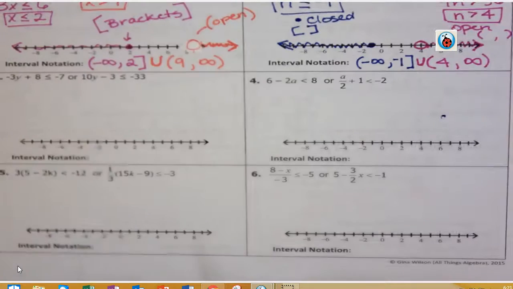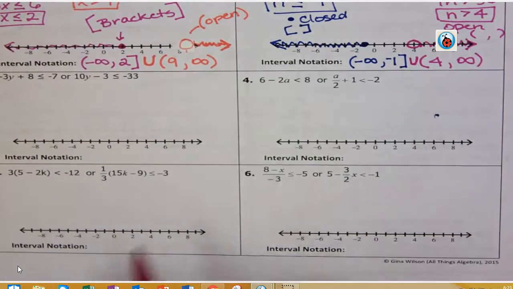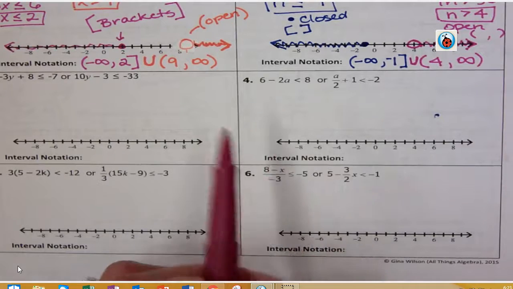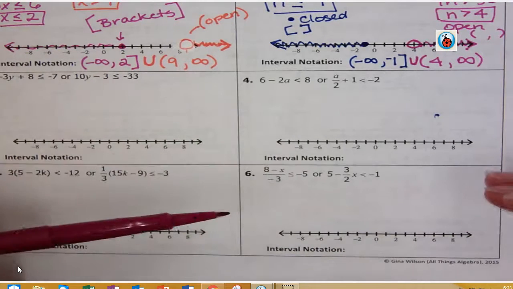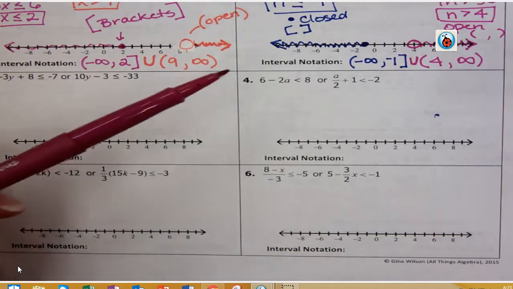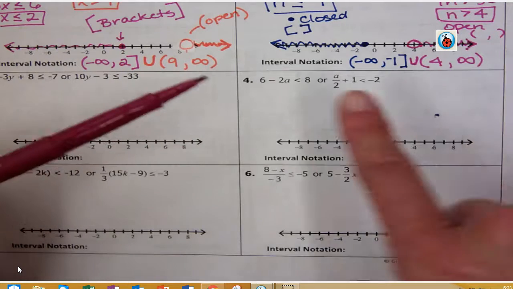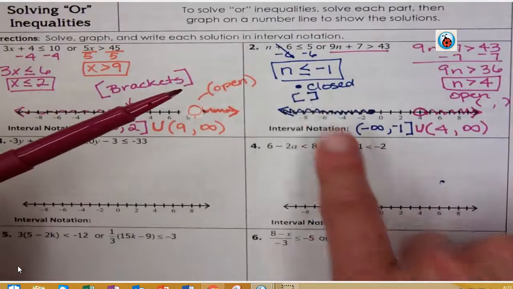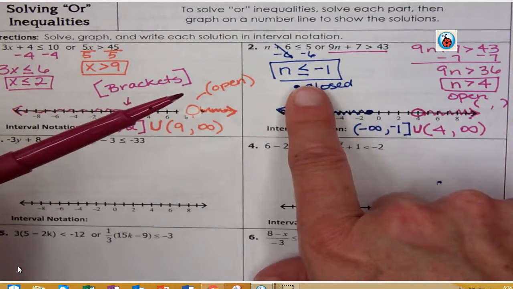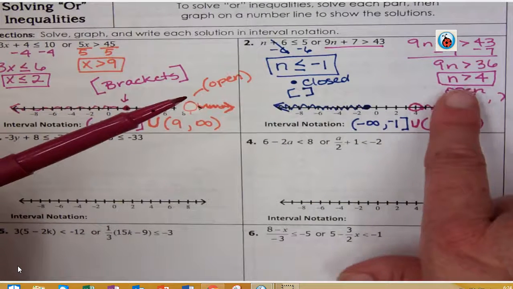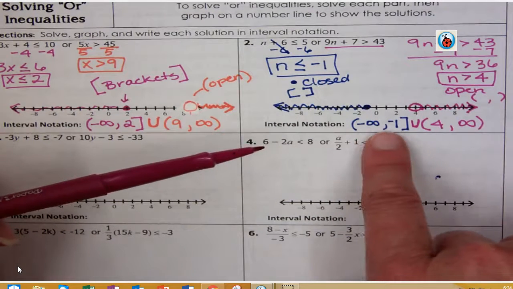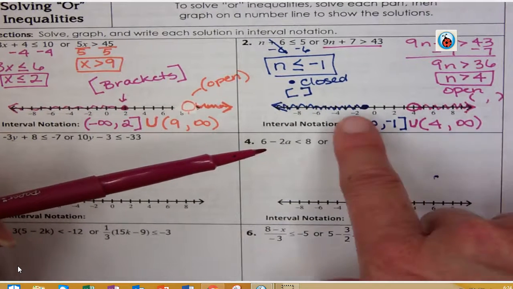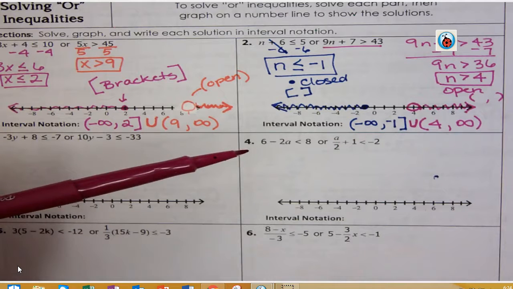All right, let's work problem number 6. Sorry about that. Basically what we're trying to do is solve these inequalities and communicate what numbers are covered in both interval notation, which looks like this, as well as graphing it on a number line.